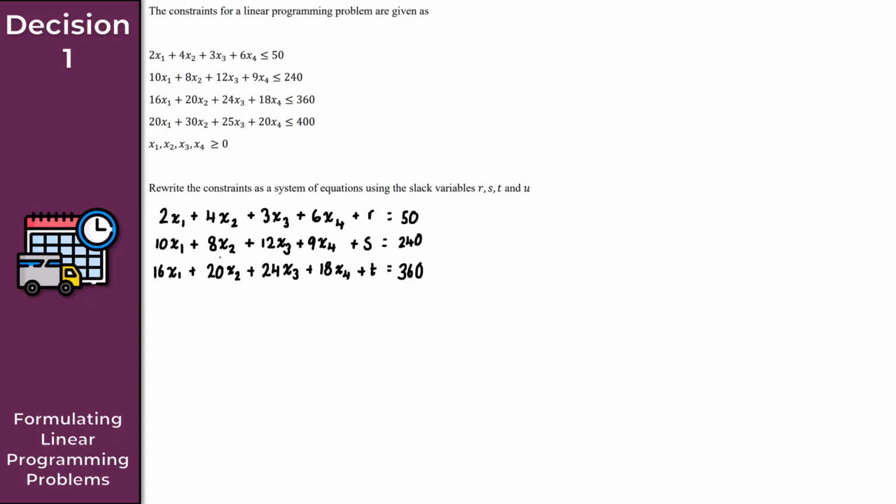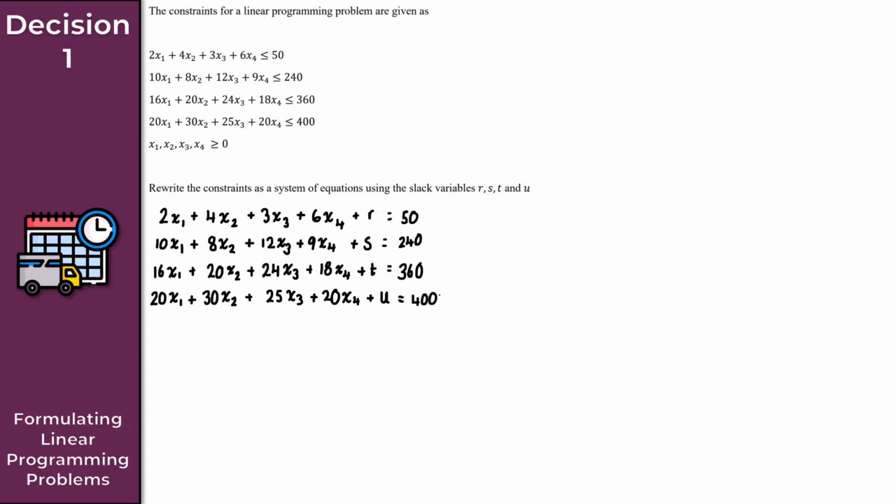For the next line, I get 20x1 plus 30x2 plus 25x3 plus 20x4. Don't forget, we do also need a slack variable here as well. So plus u, the final slack variable. And this is equal to 400.